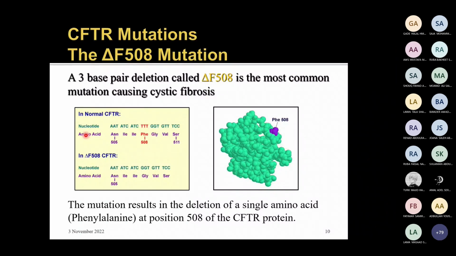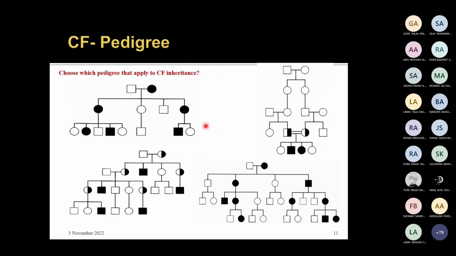So the protein is produced and processed to form these channels. If we have a deletion, we have a loss of the phenylalanine at position 508. So these are the 3 base pair deletion mutations. Okay, so these are the common inheritance patterns.